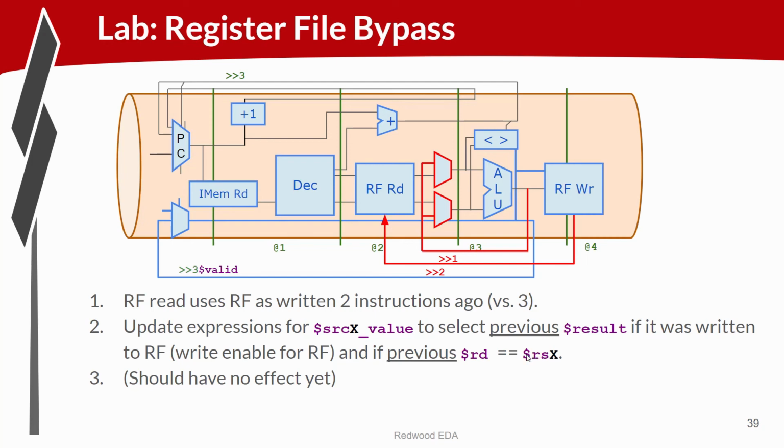So if the value that we want to read from the register file is the one that was written by the previous instruction, then you want to select that. Otherwise, you can just use the result from the register file.